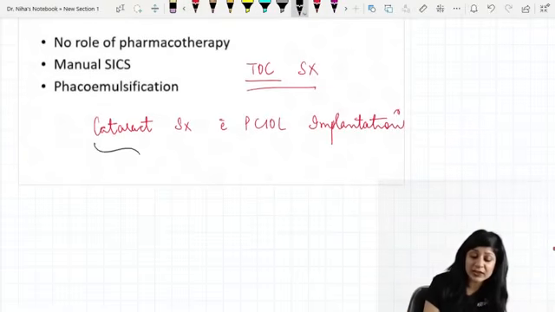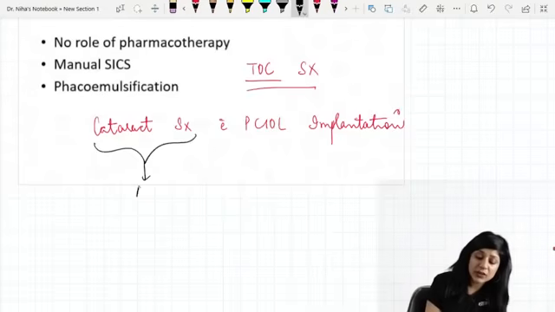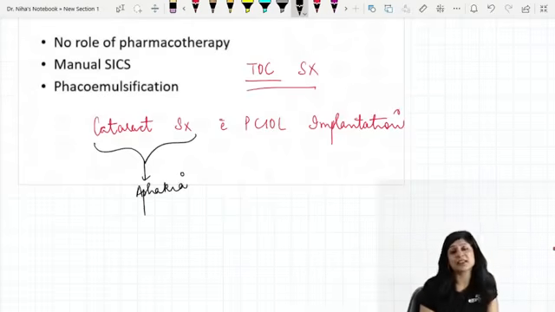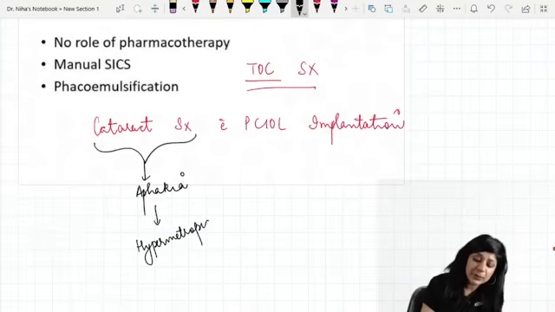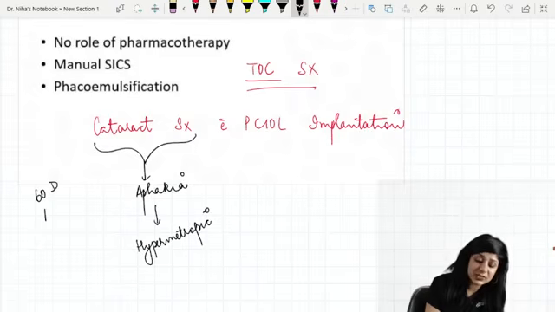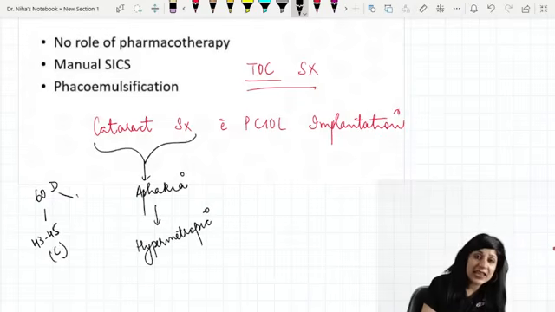So when you do the cataract surgery, we are creating the aphakia, meaning absence of the lens there. And if I am removing the lens, the person will become hypermetropic, because the total power of the eye is 60 diopters, out of which the cornea will be 43 to 45. This is the cornea, and the lens is actually 15 to 17 diopters.